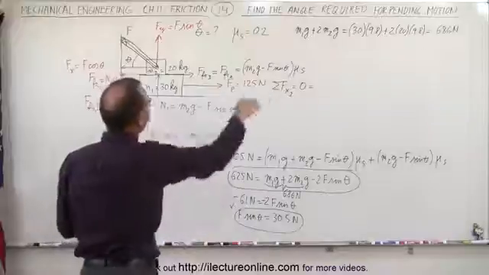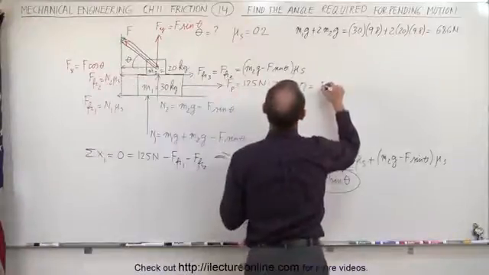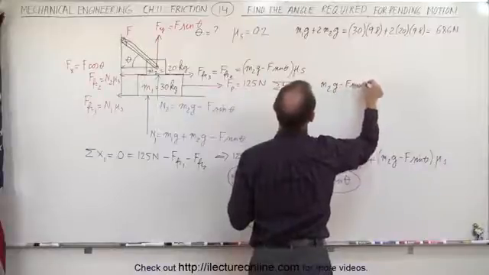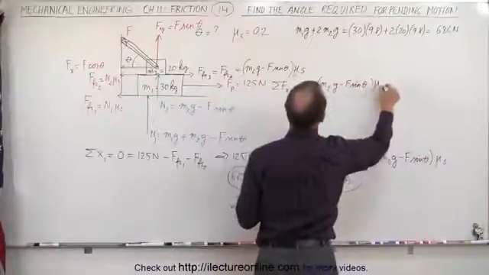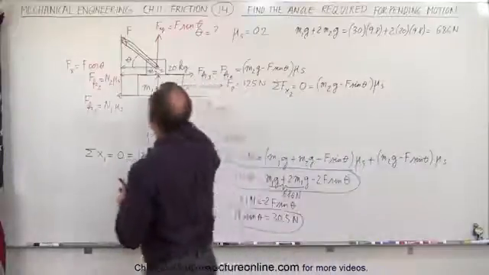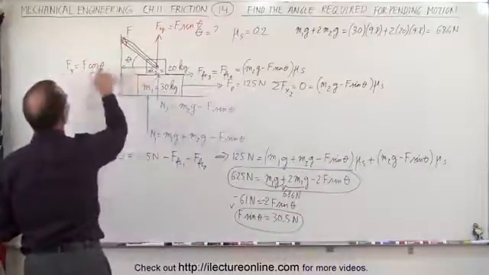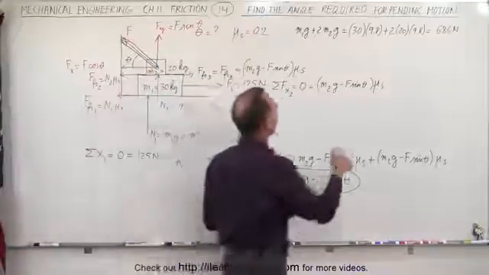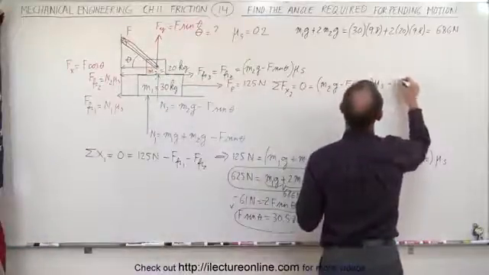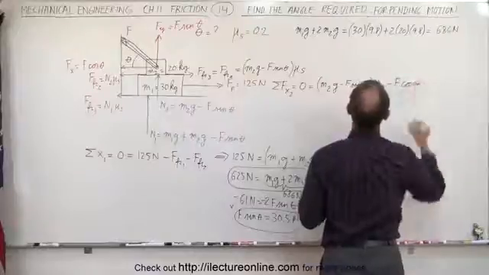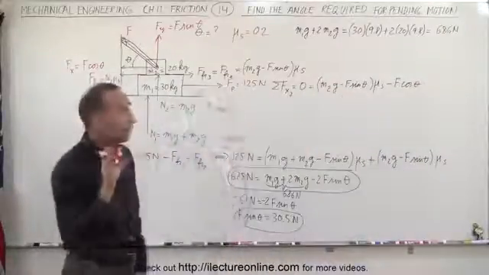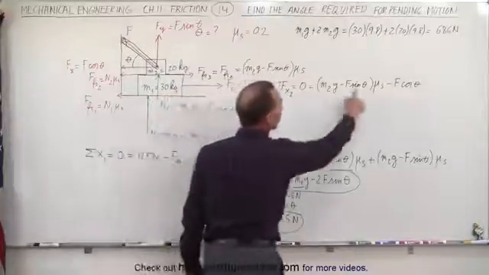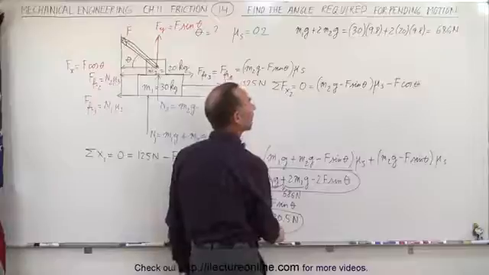And we have the friction force to the right, so that would be m2g minus f sine theta times mu sub s. That's the force to the right. And the force to the left would be f times the cosine of theta, because that's the only force acting to the left. So it would be minus f times the cosine of theta. And it turns out I already know what f sine theta is, so I can replace this f sine theta by 30.5 newtons.